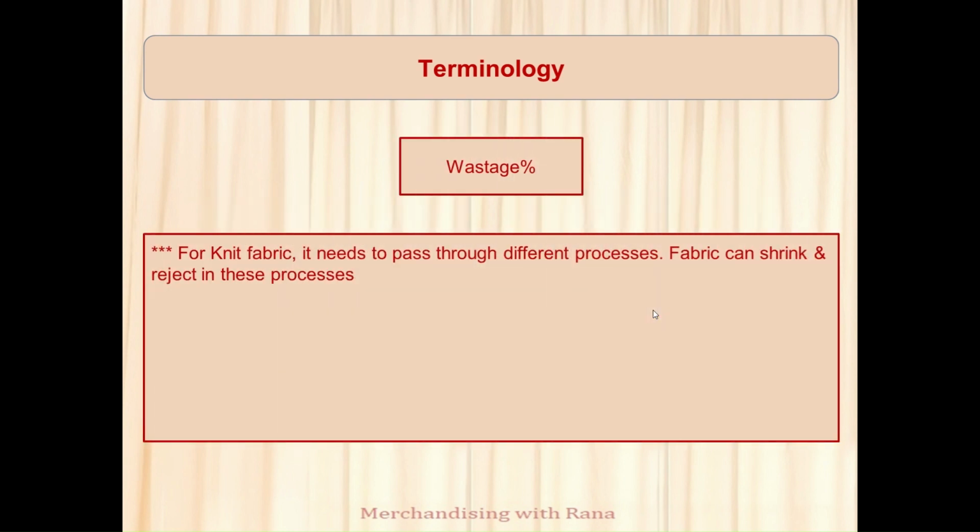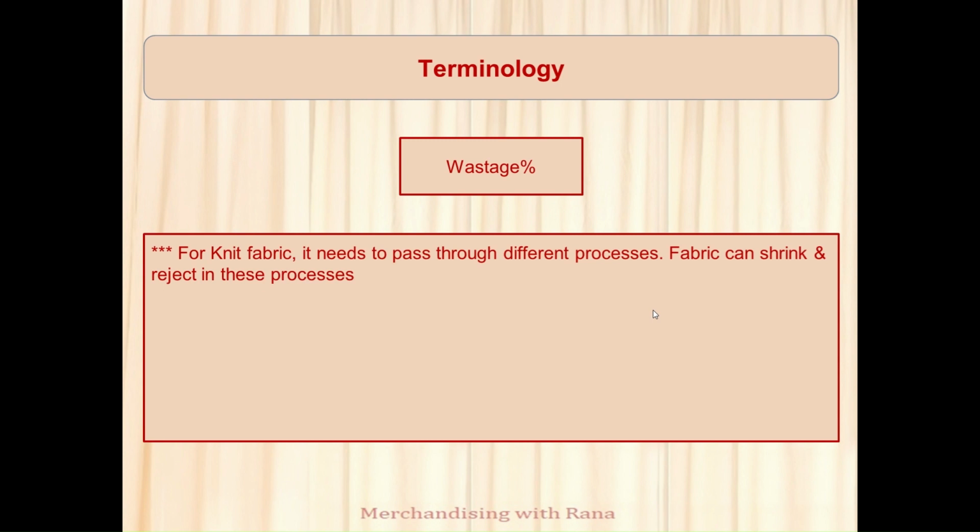So, wastage percentage. See, every fabric, knit or woven, needs to pass through some processes, like from yarn to knitting, then dyeing, finishing. In this process, fabric can shrink or some of the fabric can be rejected. But we need our actual fabric to cut to produce our garments.